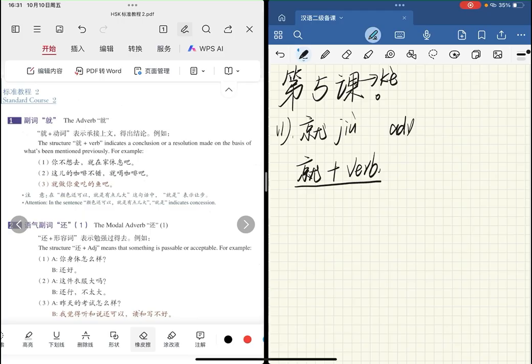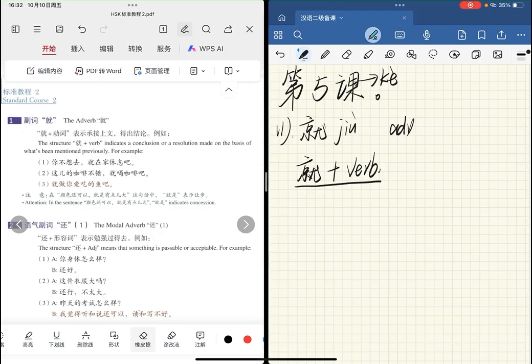Okay, so what does that mean? It means that according to the situation in the first sentence, you make a decision or draw a conclusion. Then we can use 就 to connect the two sentences to express a logical relationship.